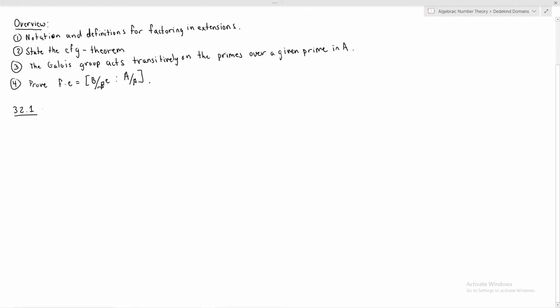I'm going to start with some general notation of how we actually write things down. For the following, I'm going to let A contained in B be Dedekind domains.